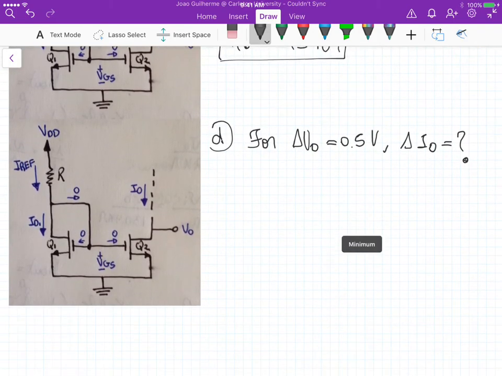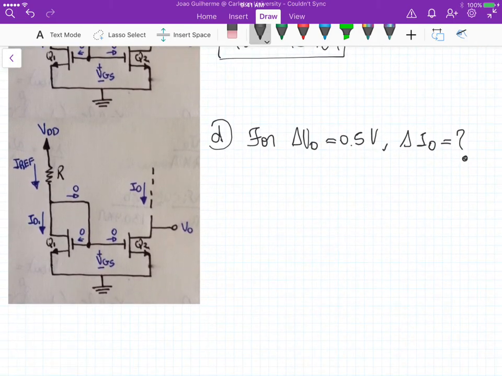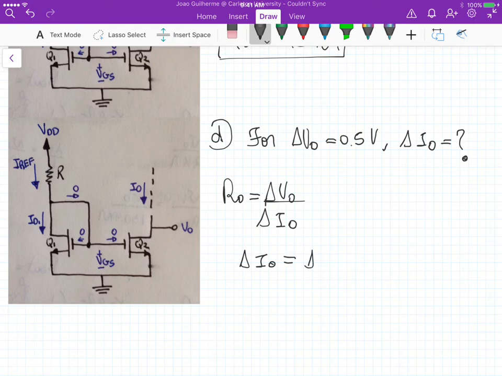The last part, part D. So if we have a change in V out of 0.5 volts, what's the change in I naught? So we know that R out is equal to the change in voltage at the output divided by the change in the current. So if we isolate delta I naught here, that's the same as delta V naught divided by the output resistance.